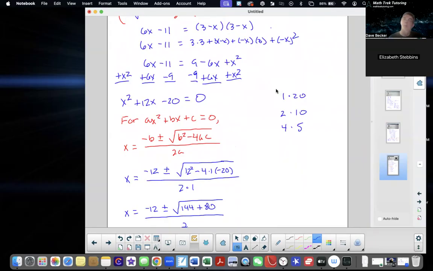So we actually have to move everything to the right side of the equation. But we did get practice using the quadratic formula.